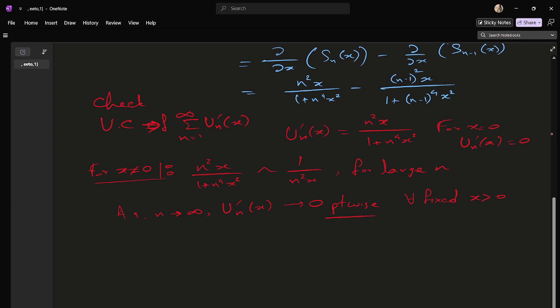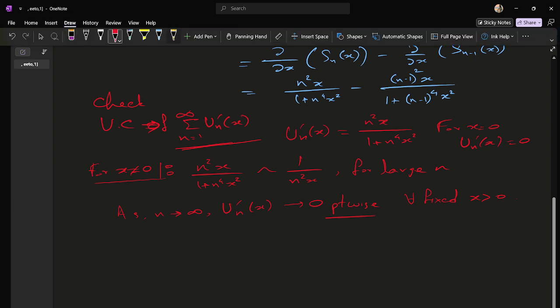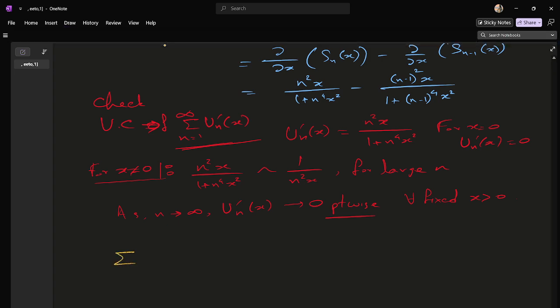Now we have to verify that this series diverges. To check the divergence, observe the growth of summation n equals 1 to infinity of n square x by this.